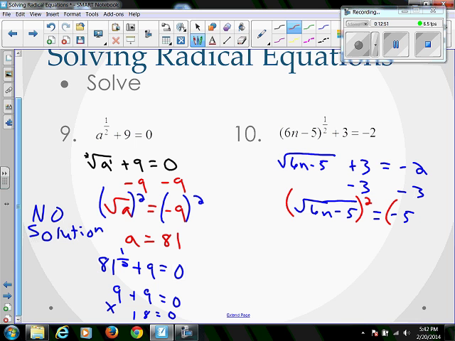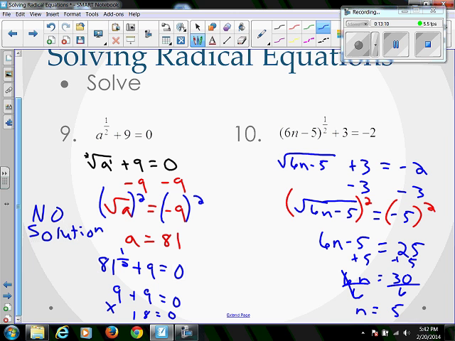Negative 5 squared is 25 equals 6n minus 5. We're going to add 5. 6n equals 30. Divide by 6. n equals 5. Now we need to check.